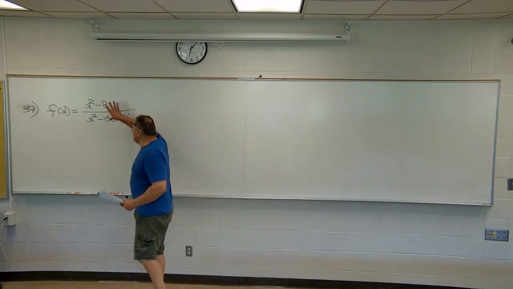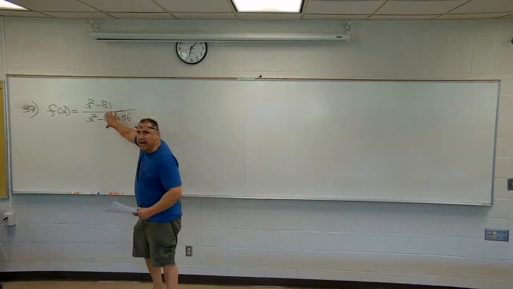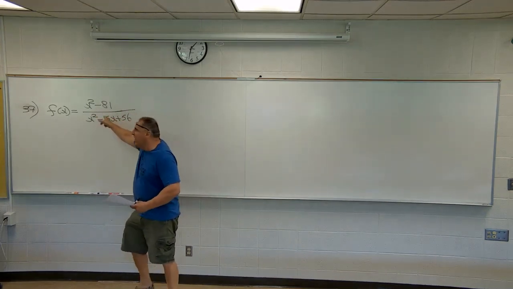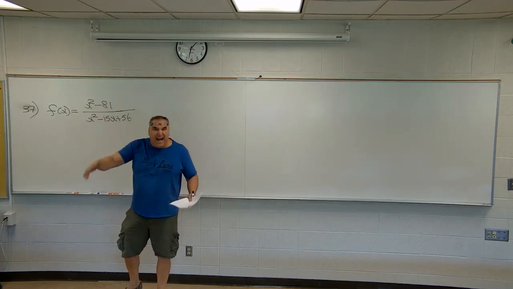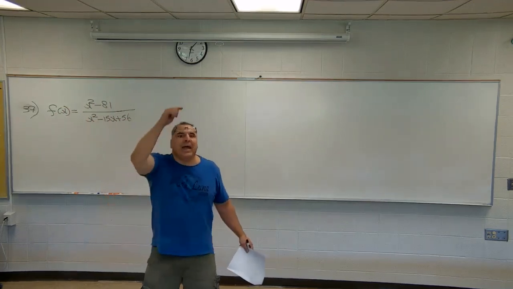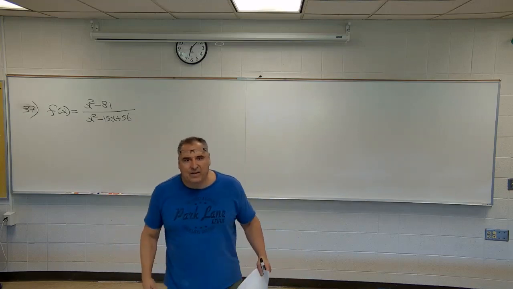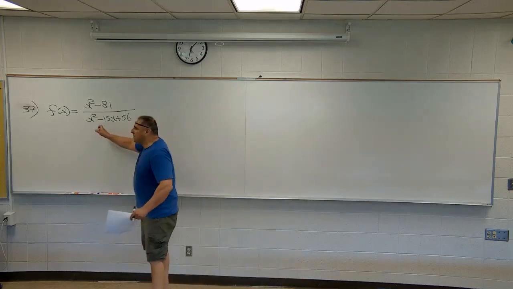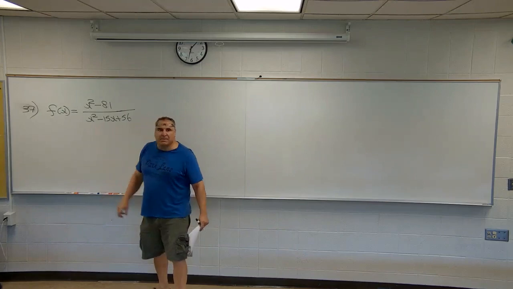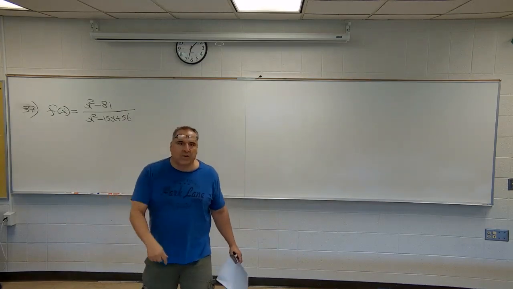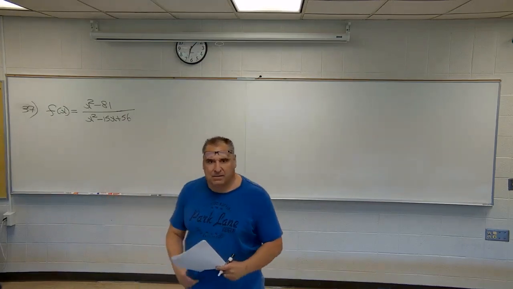Every real number in the universe of real numbers on the number line will work in here and give you a valid answer for the function, except for the values of x that would make the bottom thing equal to 0. Because the bottom thing equal to 0 means you're dividing by 0, and that's not defined.